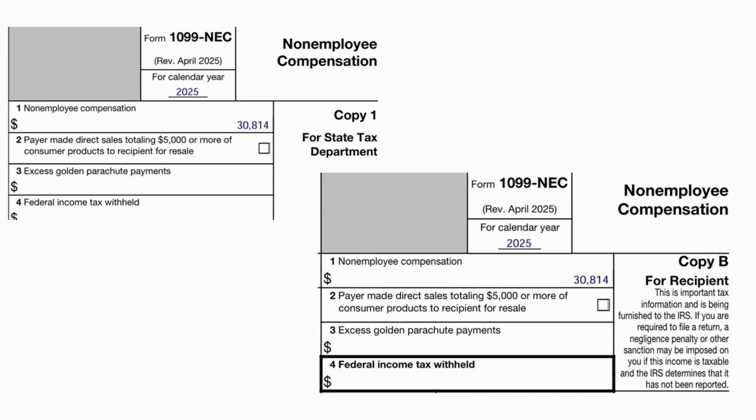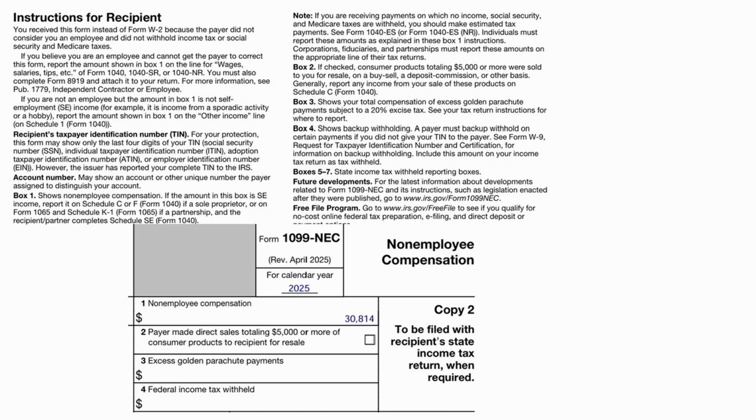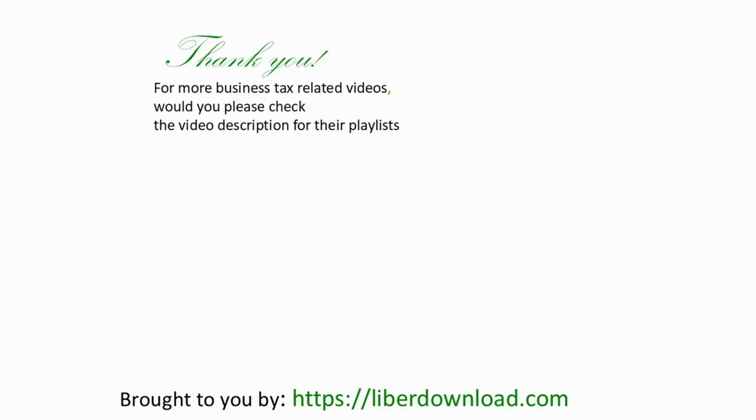So you will have a copy 1, a copy B, and you will have a copy 2 as well, and you will choose, and then you'll have this instruction here, and you will give a copy to who the 1099 is for.